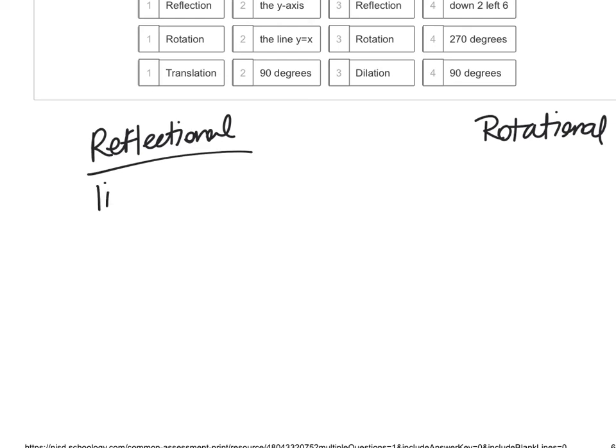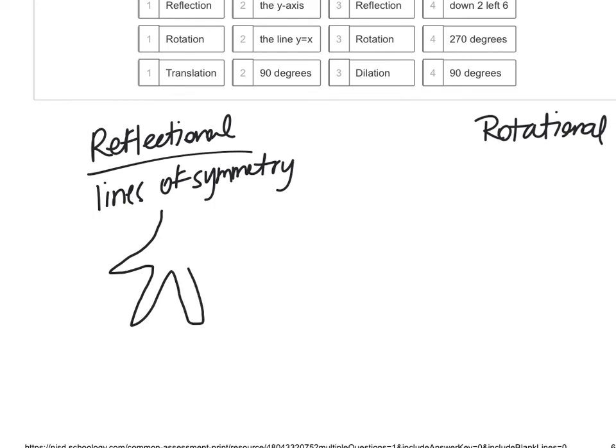The easiest way to think of reflectional symmetry, if you have maybe a starfish, my starfish isn't going to be perfect, or I think one time we did an example of the letter K, and again, these are hand-drawn, so they're not perfect. Technically, a starfish, if you folded it in half right here, these sides map onto each other.